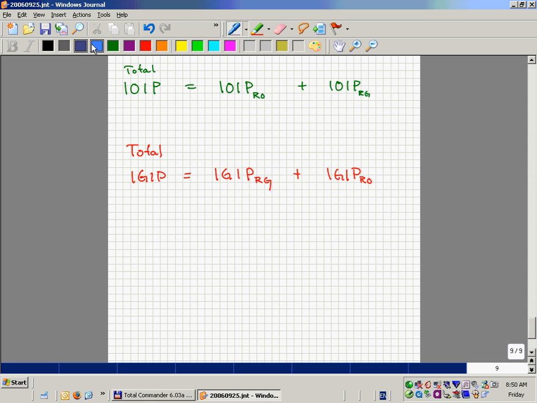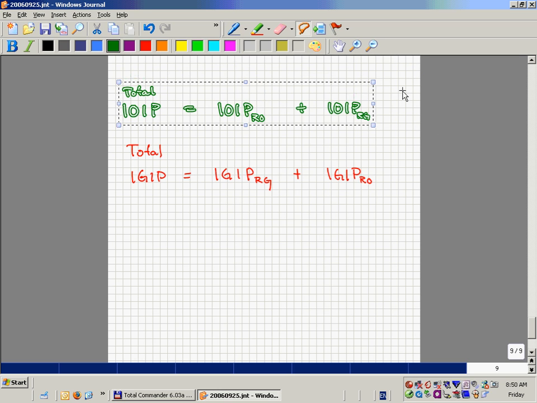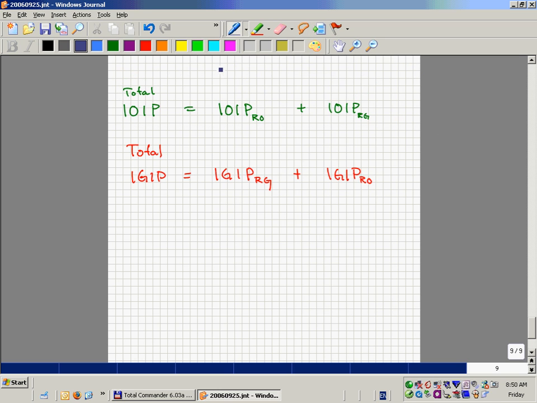So the point is that we've got two components, and the one component is what I'll refer to as the free phase, and this is the solution phase. Okay? So you're getting surface oil from the free oil phase plus surface oil from the solution phase.